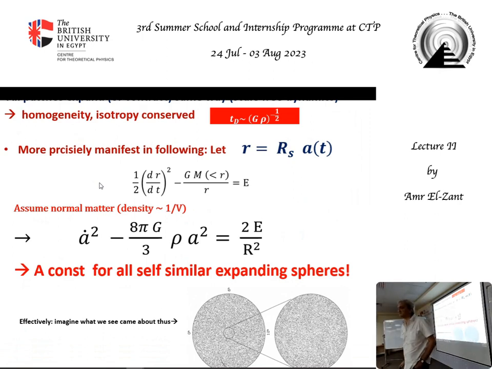This is accurate to some extent, but exactly only when E equals 0. If E is not equal to 0, there is another parameter, a constant, but it's a constant for all Newtonian expanding spheres. So therefore, it's again scale-free, or self-similar solutions.